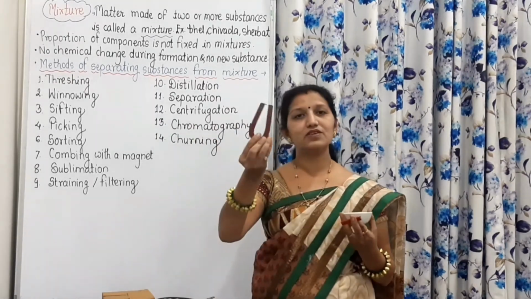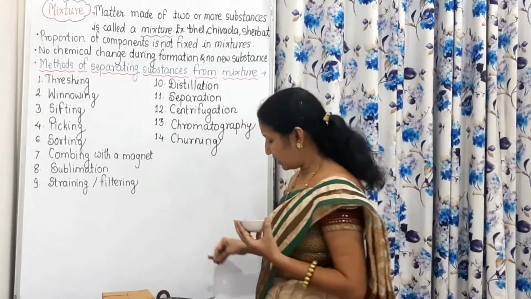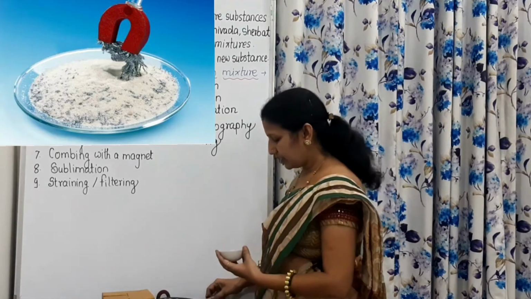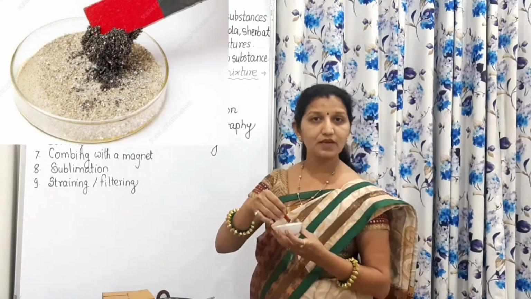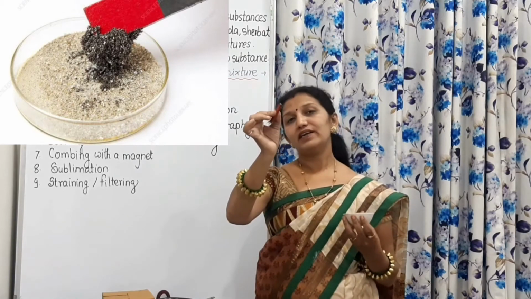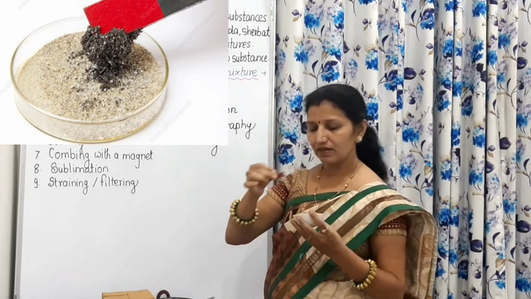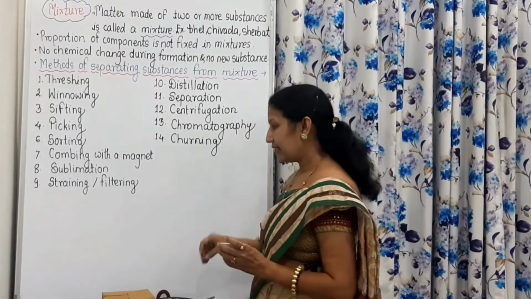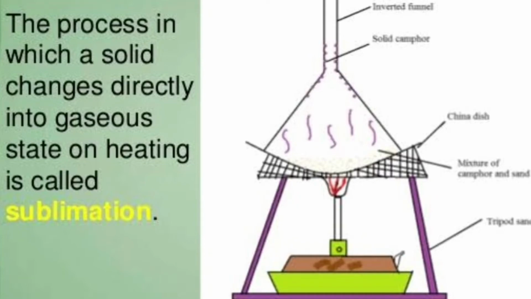You can use a horseshoe shaped magnet or a bar magnet, and when the bar magnet is moved through the semolina or rava, you can see the iron filings get attached to the magnet and we can separate the substance.